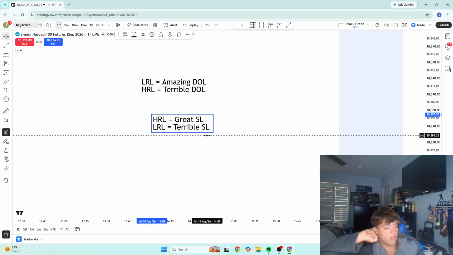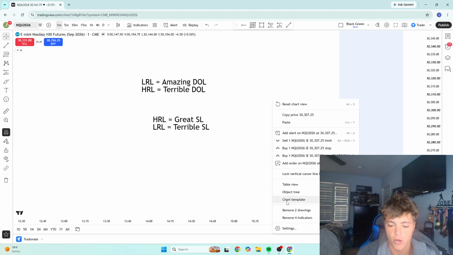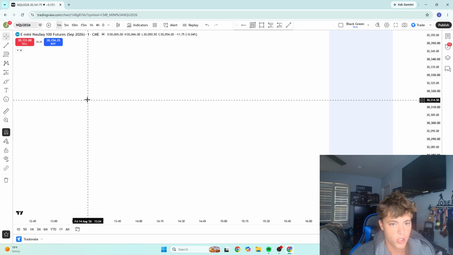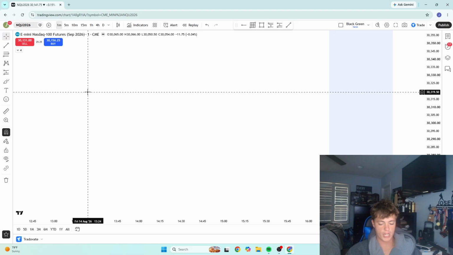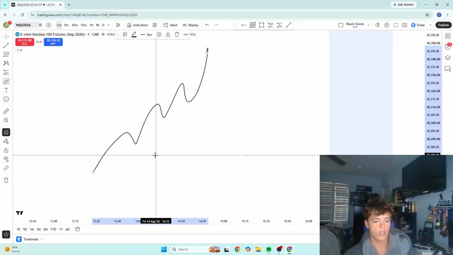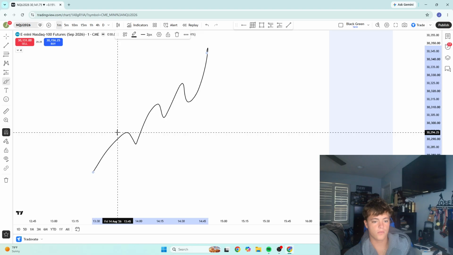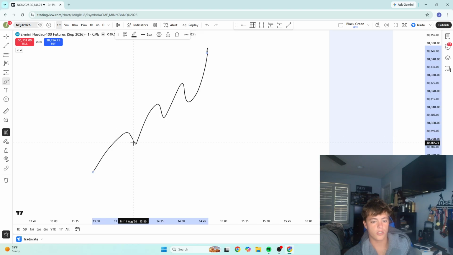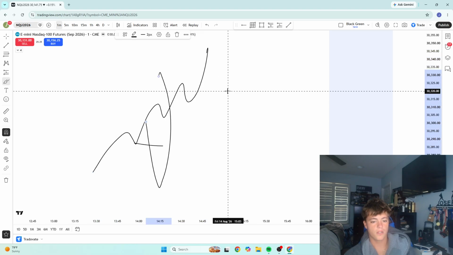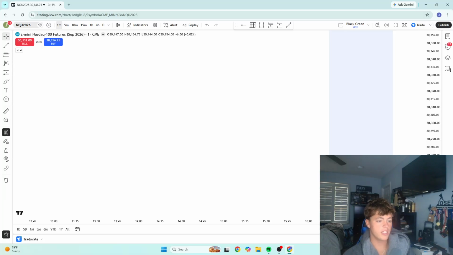So now that we kind of discovered what it is, why don't we talk about how you can base trades off of it? So here's how. Number one, how do you want your stop loss to be? Well, if we're in an uptrend with the LRL, you wouldn't want your stop loss to be right here. We didn't really sweep anything. We could still come down. But if you're in HRL, this is the perfect scenario.